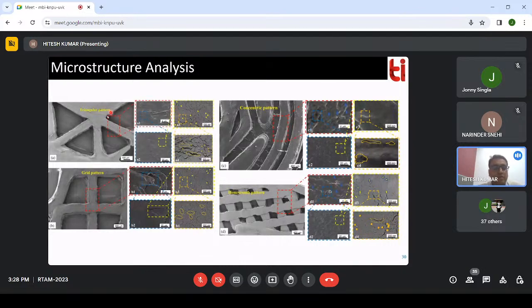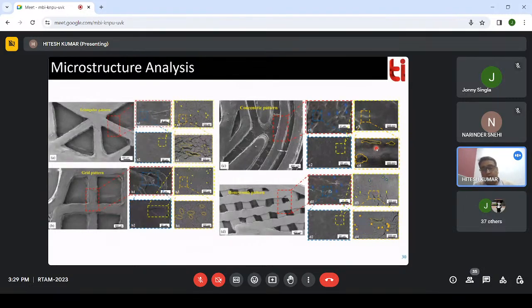To confirm that, we did microstructure analysis of all those samples. We observed that compared to the other patterns, in concentric and honeycomb there are fewer porosities. In concentric also, the number of porosities is quite low.